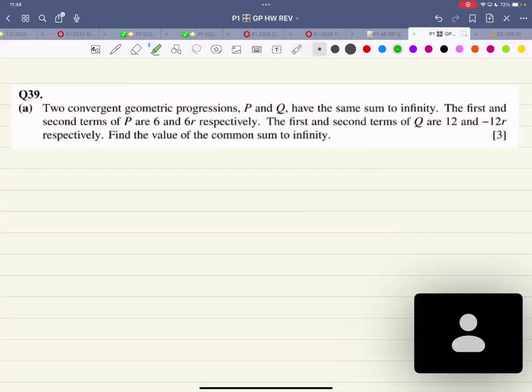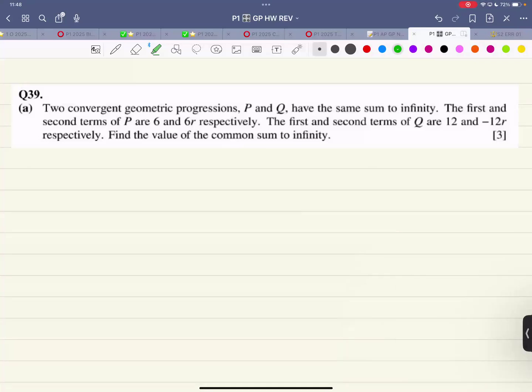Now, people, let's have a look at this particular question, question 39. It says two convergent geometric progressions. Focus on the word convergent. Why are they using it? Convergent is related with sum to infinity.